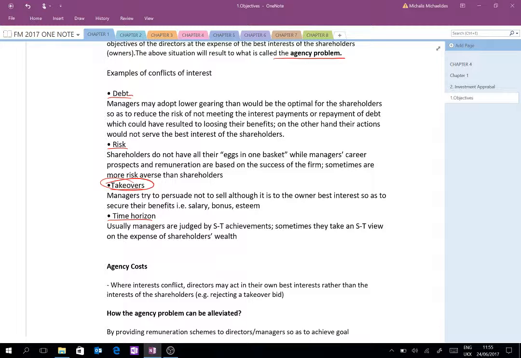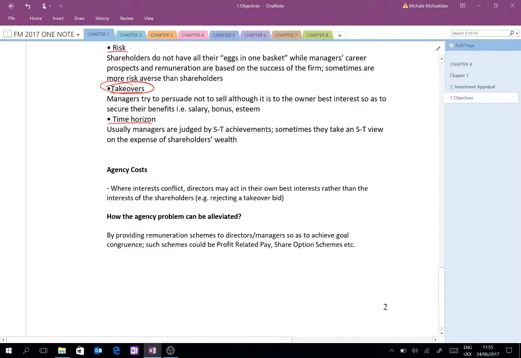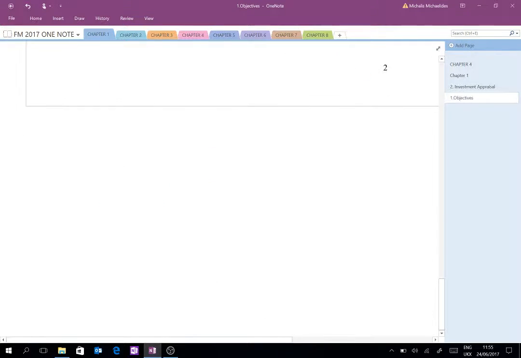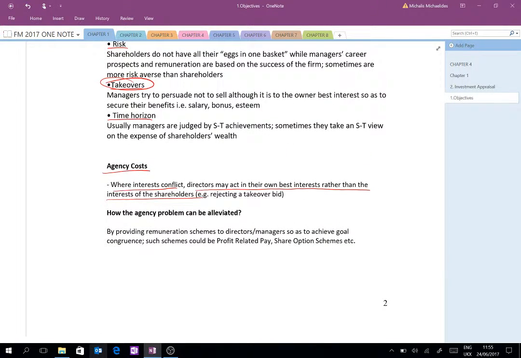And of course, the agency problem creates what we call agency cost. So where interests conflict, directors may act in their own best interest rather than the interest of the shareholders, and that's what we mean by agency cost. Okay? Now, the question is how the agency problem can be alleviated.